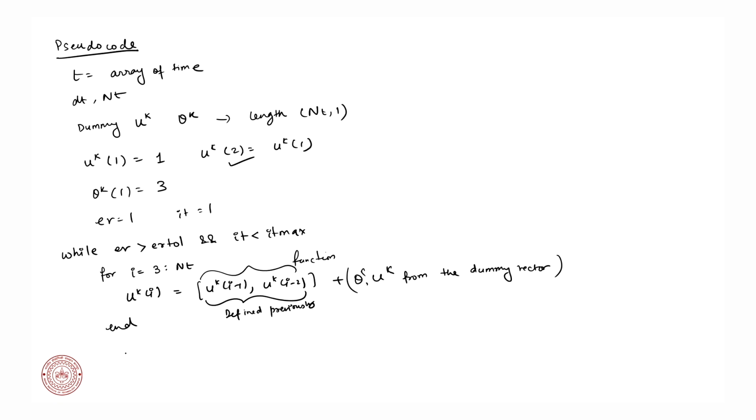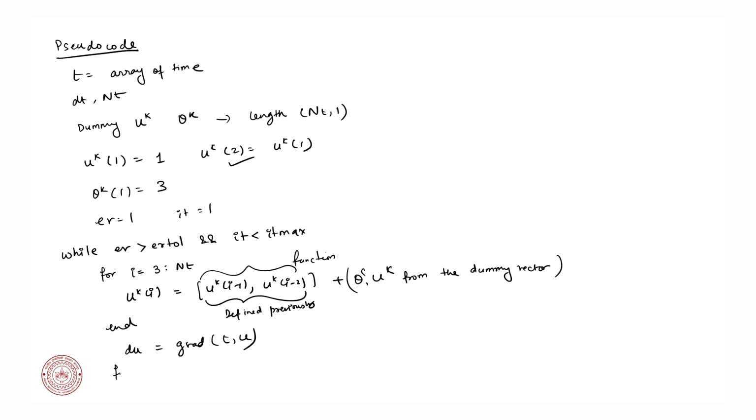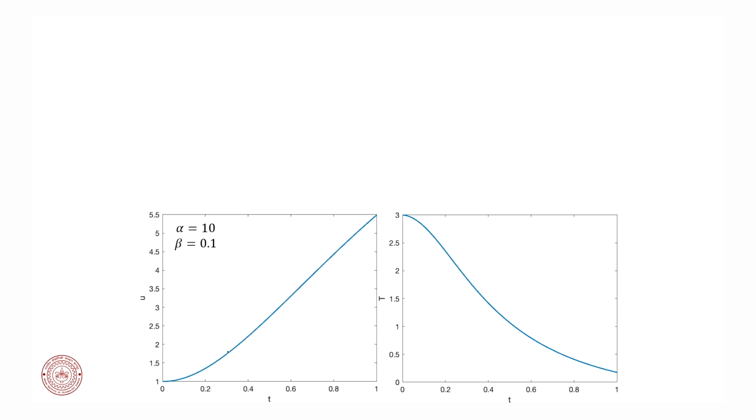Now, we can define a du, which is the gradient between t and u. So, you can find the gradient of u as a function of the derivative with time. So, du is your gradient. Now, you can start your for loop for time, say I goes from 2 to nt. In this for loop, you can then find theta k of I based upon some function of theta k of I minus 1.